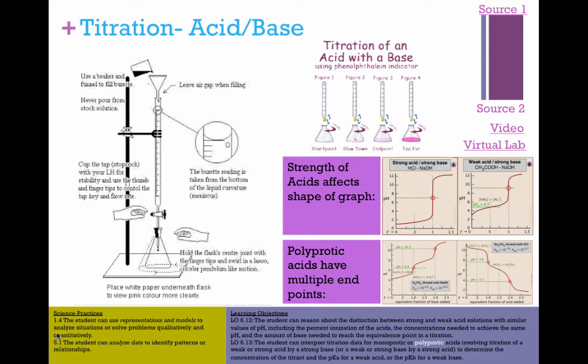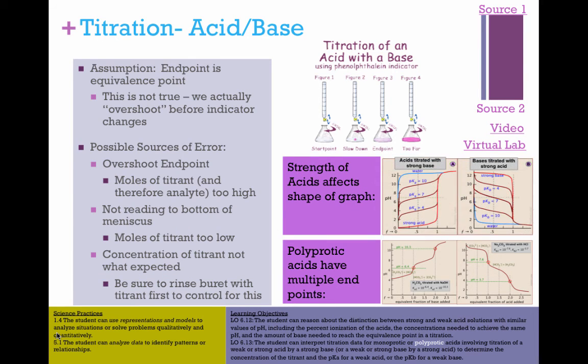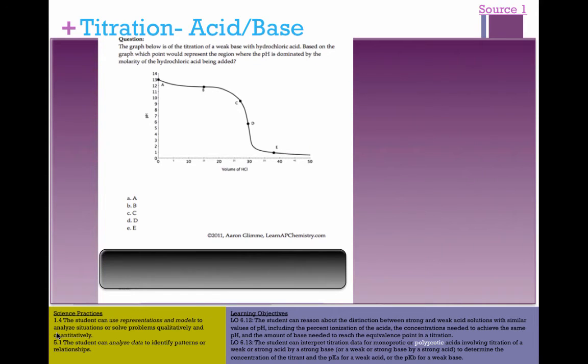Looking at these shapes, here you can see where the end point is, the different types of acids and bases. What is the importance of the half equivalence point? pH equals pKa. Okay, so here's one. The graph below is a titration of a weak base with hydrochloric acid.